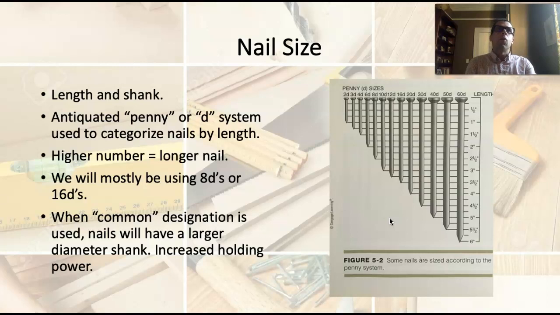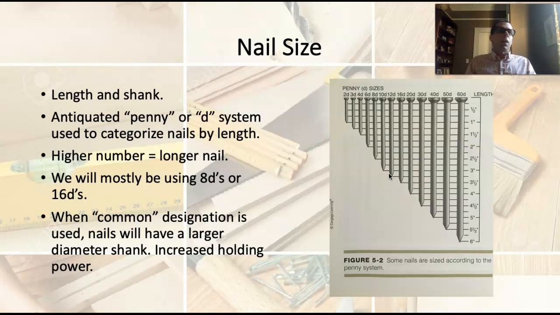And the reason we call them penny and associate the D as a coin with them is because, as far as we can tell through anecdotal evidence, if we're talking about a 16 penny nail, it cost 16 pennies to purchase a pound of those nails. 8 penny nails, it cost 8 pennies to purchase a pound of them. Obviously, that was a long time ago.